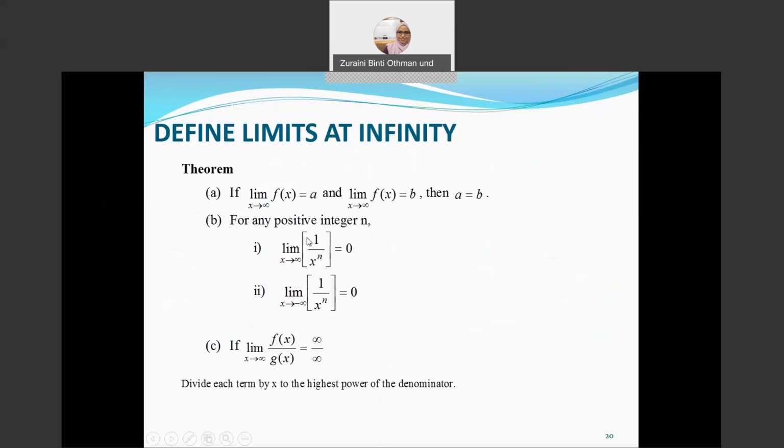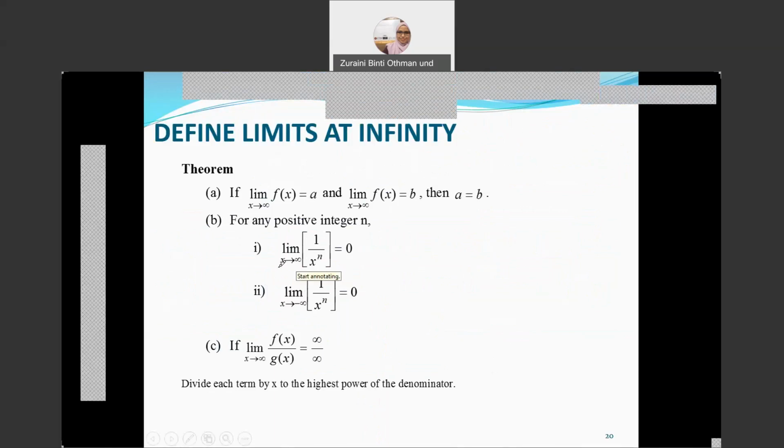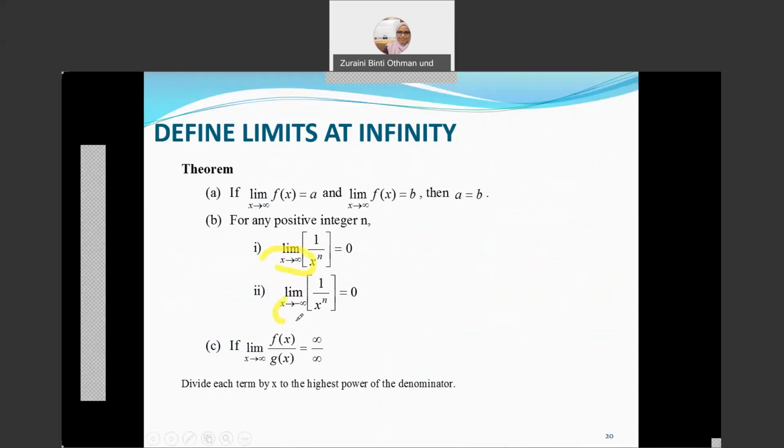Define limit. Okay, bila limit tu dia menghampiri infinity, contohnya macam ni. Bila limit tu dia menghampiri infinity macam ni, kita tahu bahawa kita kena guna teorem ni. Maksudnya bila 1 over x^n dia akan dapat kosong.